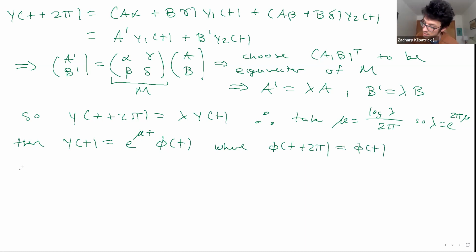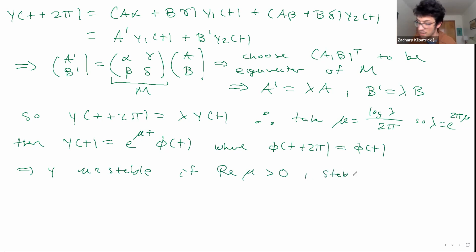Okay, so that means that y is going to be unstable if the real part of mu is greater than 0, and it's going to be stable if the real part of mu is less than or equal to 0.